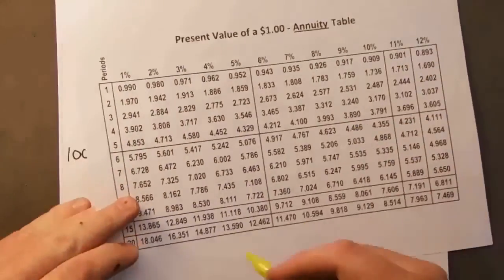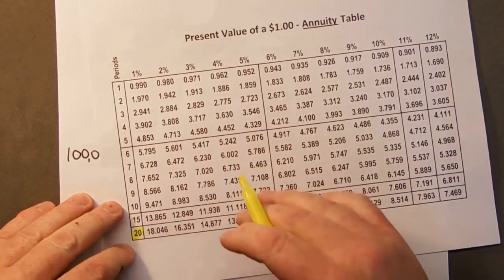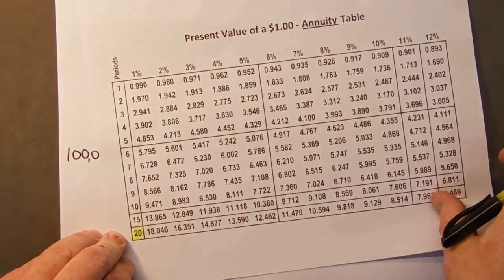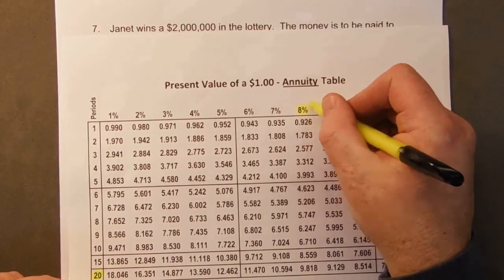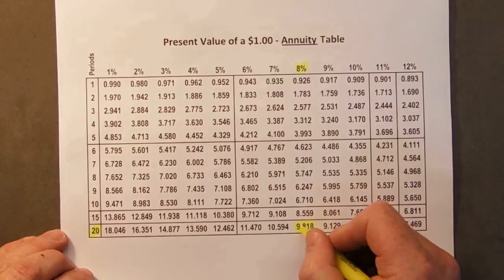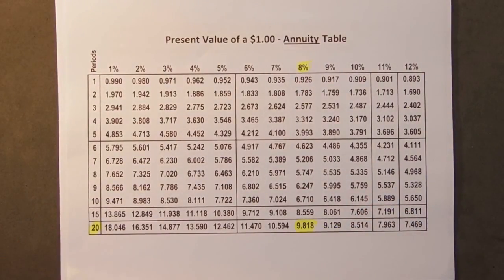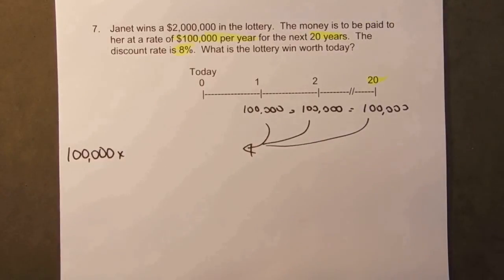Alright, well, let's take a look here. 20 years, 8%. 9.818. So that's what we're going to multiply times our 100,000.